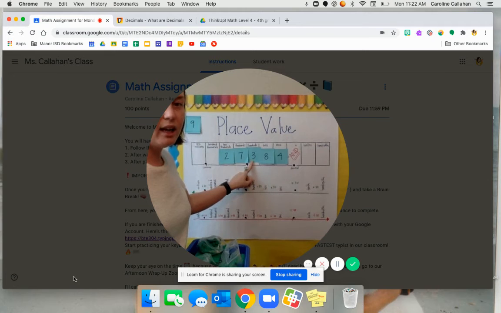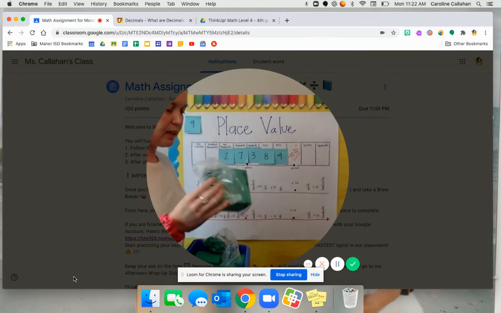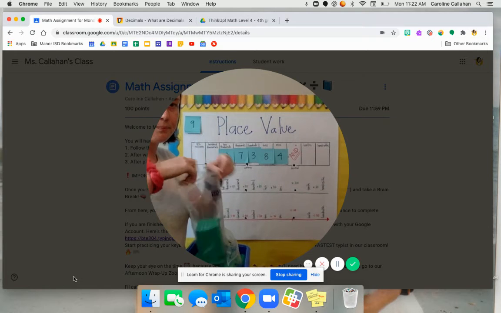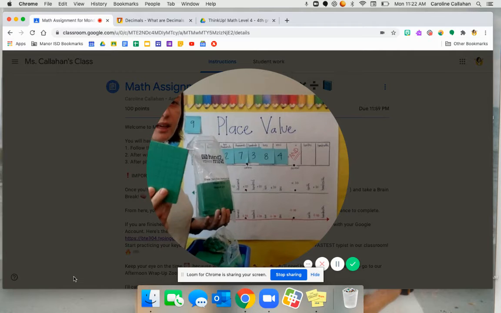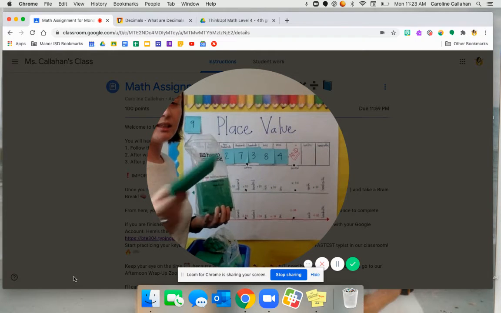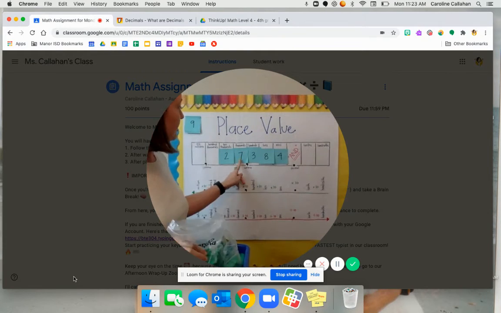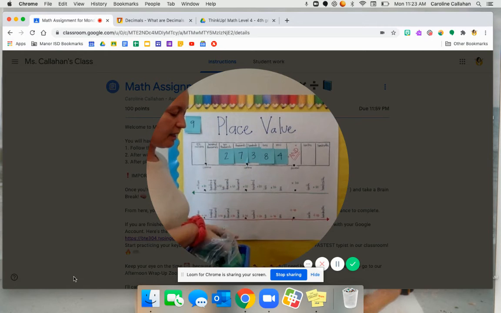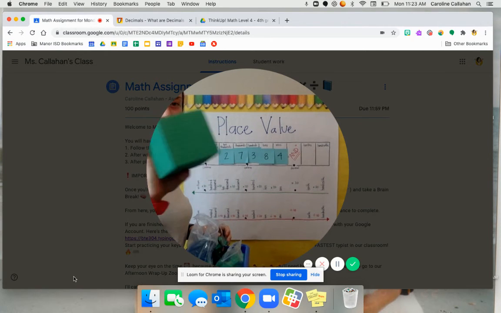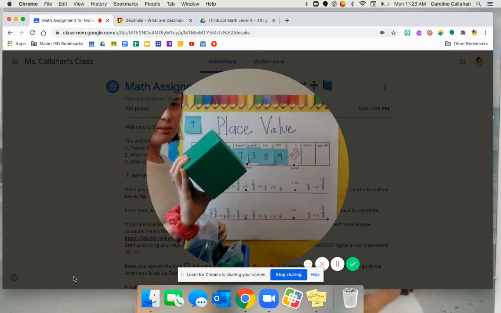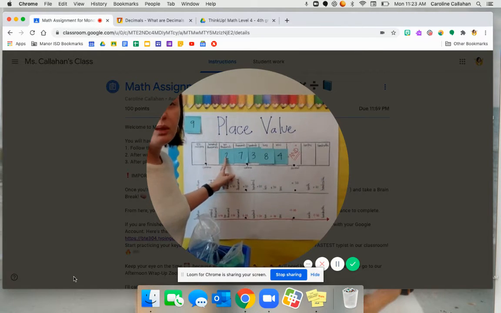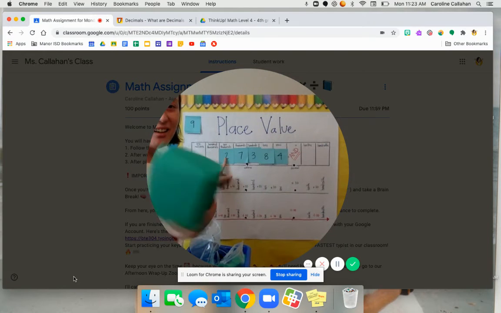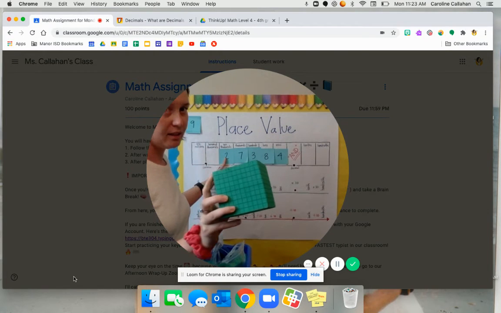When we look at the hundreds, there are 3, so we are going to grab 3 flats, which are these guys, right? And then in the thousands, we have 7, and we would need 7 of these ginormous cubes. In the 10,000s, we would grab 20 of these ginormous cubes.